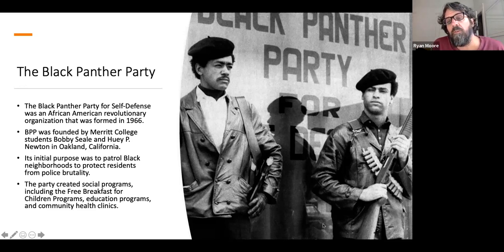And it also included a lot of health programs, community health clinics and testing and this sort of thing. So as the 1960s went on, Black Panthers became not just about self-defense from the police, but also about serving their communities in various urban neighborhoods across the United States.